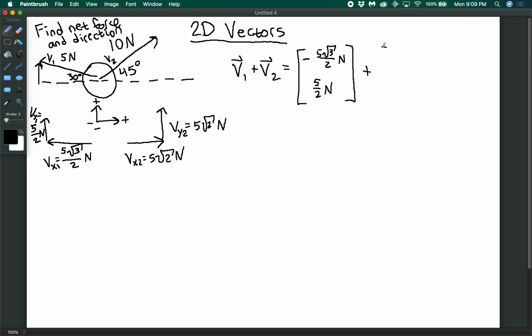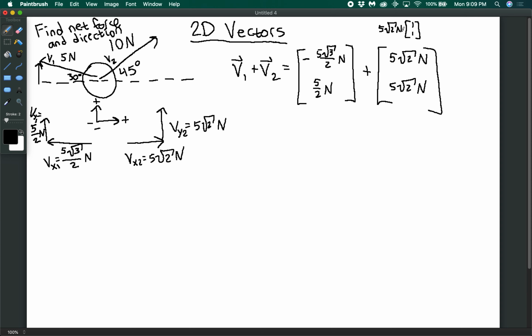And I'm going to add that to the x and y components of vector 2, which are going to be 5√2 newtons, 5√2 newtons. And if I weren't doing an operation with this vector on the right, v2, and I were just writing this as a final answer to something, you do want to simplify this as much as you can. And the way you would simplify this is you'd factor out this 5√2. So you'd have 5√2 newtons times the vector 1, 1.